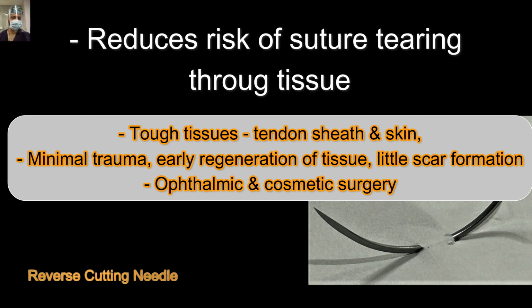The cutting edge is towards the outer side, and this is for tough tissue like tendon, sheath, and skin. As you take the curve of the needle, the cutting edge is towards the outer side, so as you pass the needle through the tissue, there is no cutting edge towards the wound margin, so there is less tearing of the tissue.